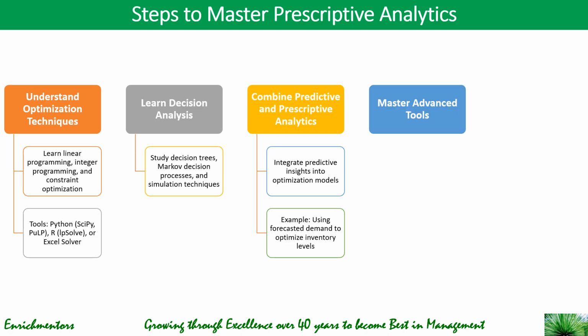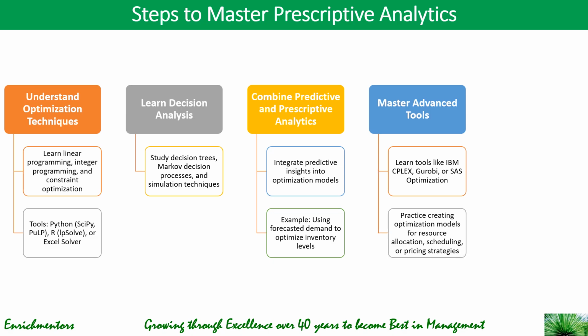Then you need to obviously master the advanced tools. You can advance and master the advanced tools like IBM CPLEX, Gurobi, and SAS optimization. And then you practice creating optimization models for resource allocation, scheduling, and pricing strategy, as an example.